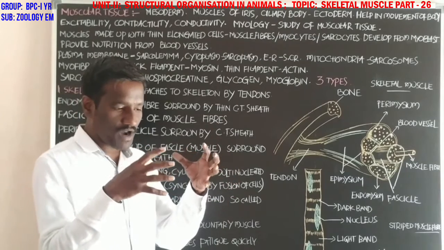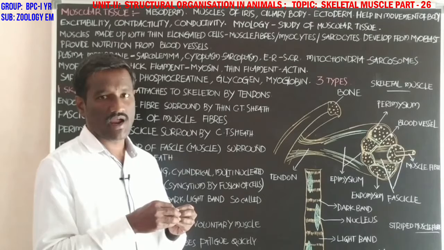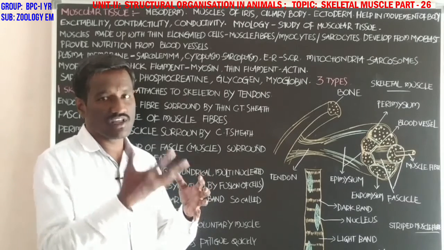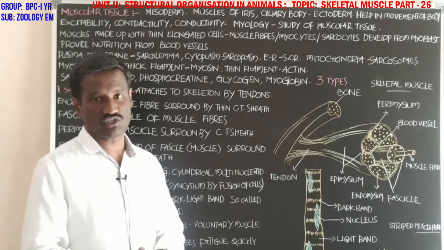These myoblast cells are fused with each other, and the number of nuclei is also increased, and it causes the multinucleate position.